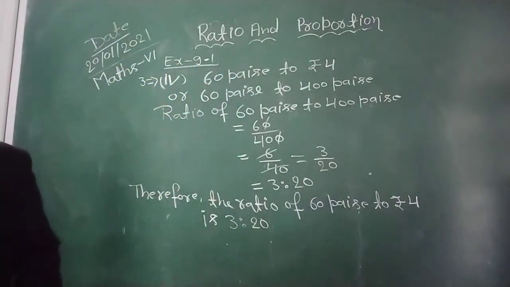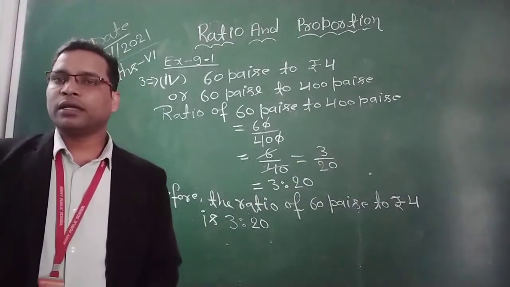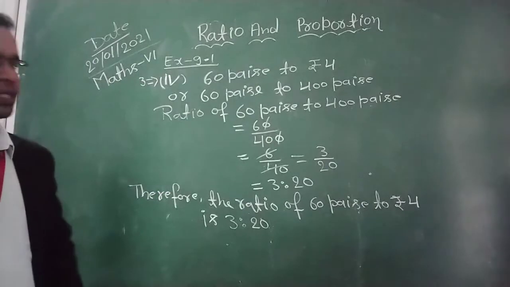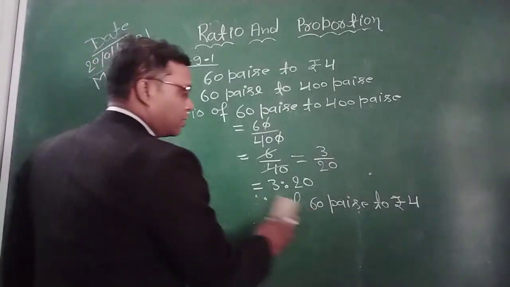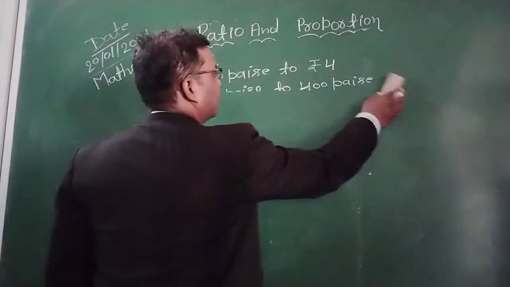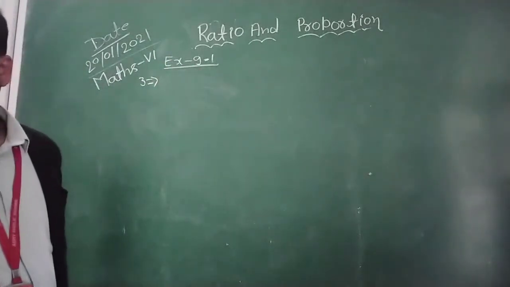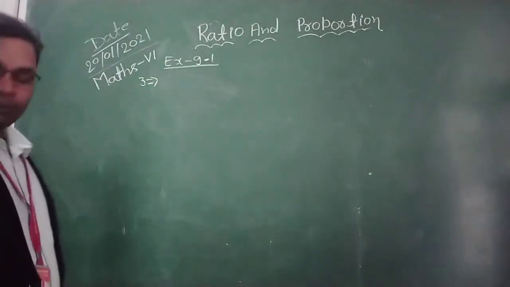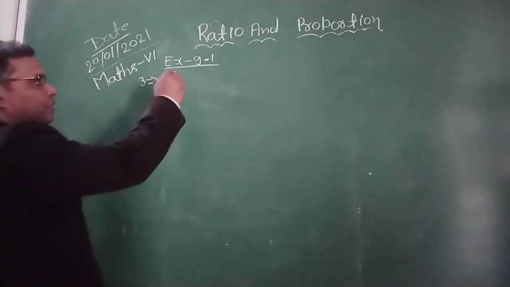Now the next is we need to find the ratio of 1 minute to 15 seconds. So let's see how to solve this part. Fifth part of question number 3. We need to find the ratio of 1 minute to 15 seconds.